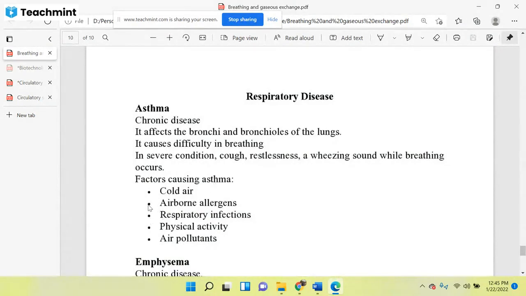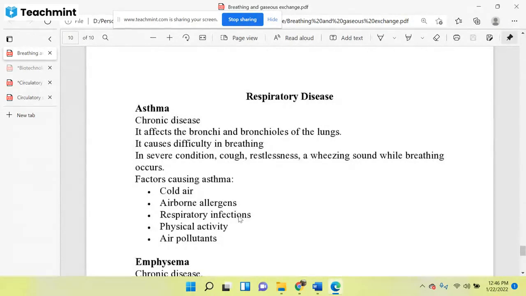So sometimes airborne allergens, means some antigens, will cause allergy, due to which the bronchi and bronchioles of the lungs will be affected, and the person will feel difficulty in breathing. And there is respiratory infection. So certain infectious agents will affect the bronchi and bronchioles, or ultimately the lungs. After that the person will be affected by all these symptoms, and finally asthma will happen.